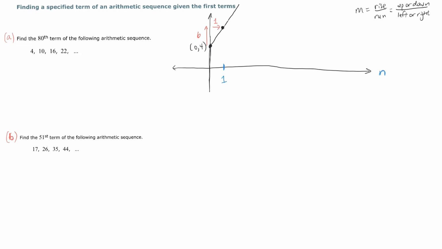But remember, in a sequence, we don't have a continuous straight line. In fact, what we're going to do now is transform this ordered pair (0, 4) 1 unit to the right. I would love this dot right here. And then for n equals 2, what should I get? Well, I should get the next dot over.